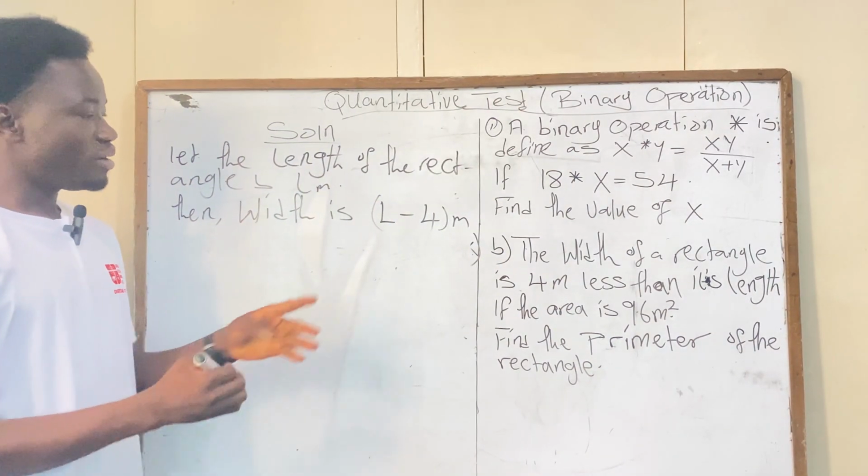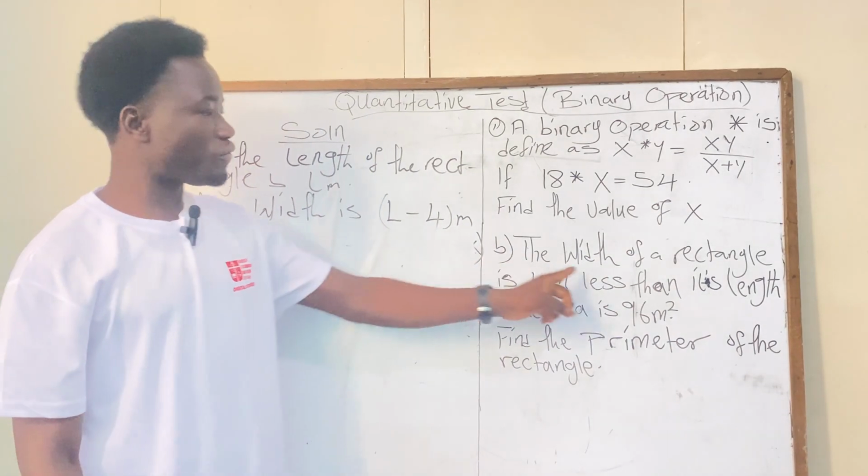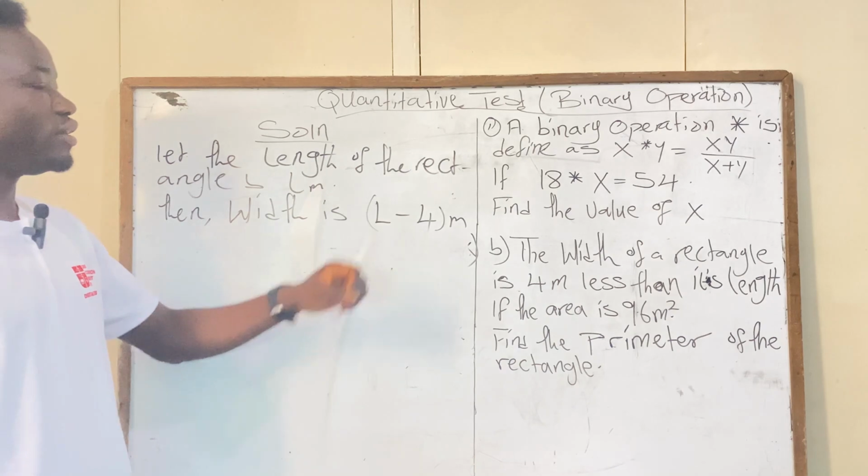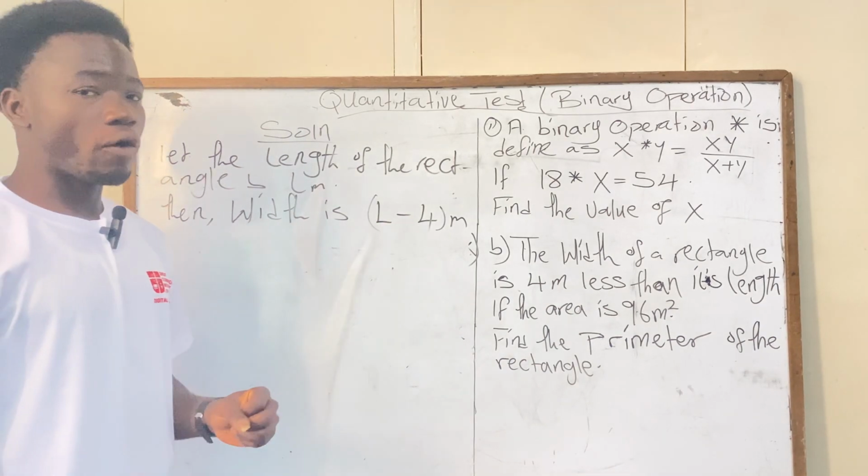Here is the case because they are saying that the width is 4 less than the length. So if the length is L meters, then the width will be L minus 4 meters.